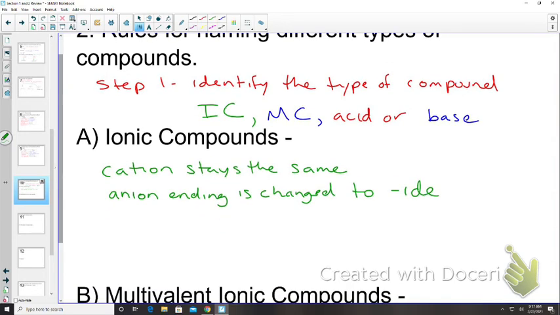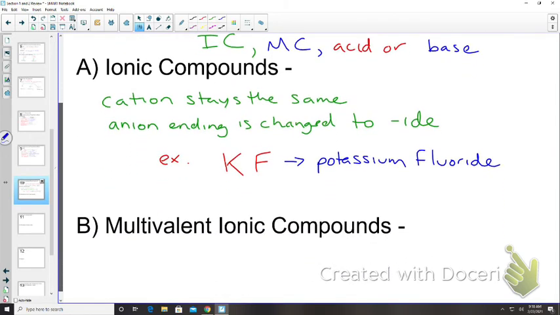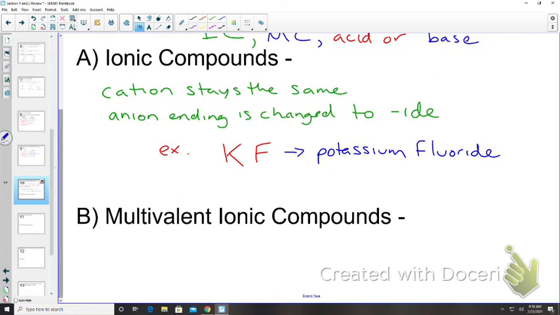Okay, so for example, if we have potassium and fluorine, so KF, potassium and fluorine becomes potassium fluoride.